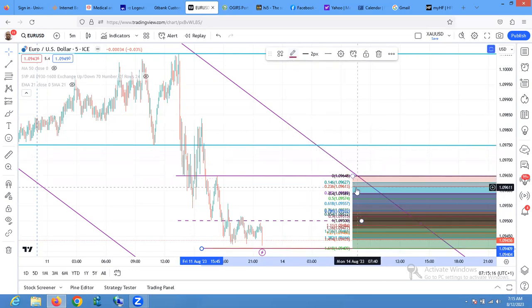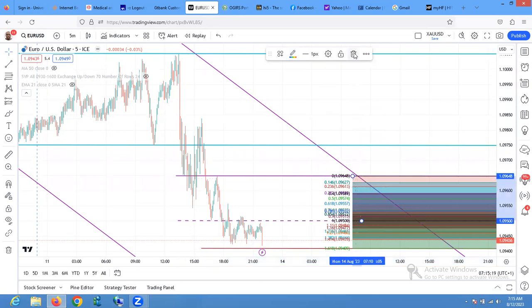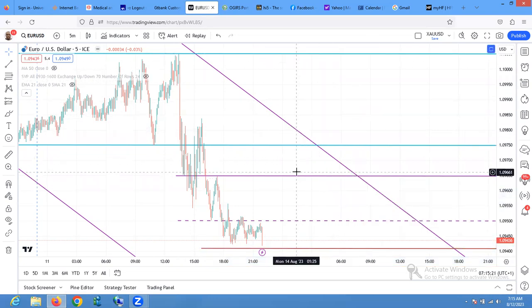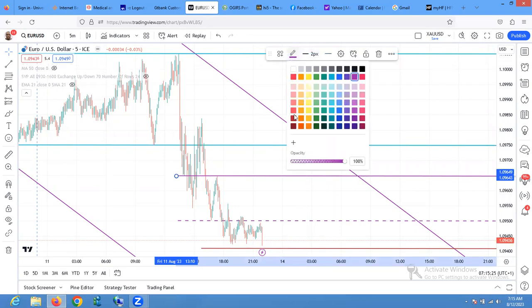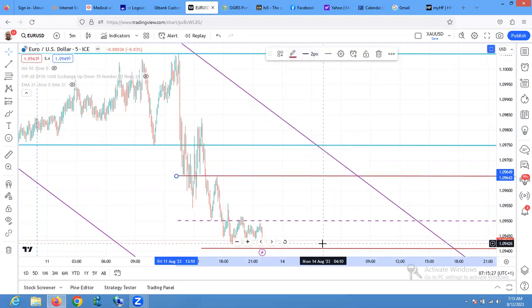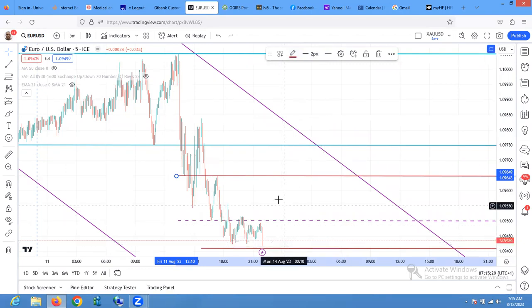Also, once we break below that, we're going to look for a new structure. So this is where we want to break. Once we break below that, it's still within this structure.